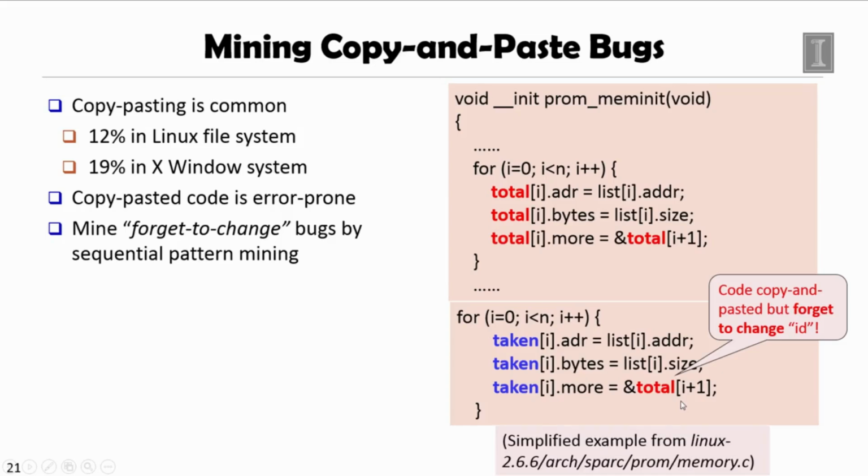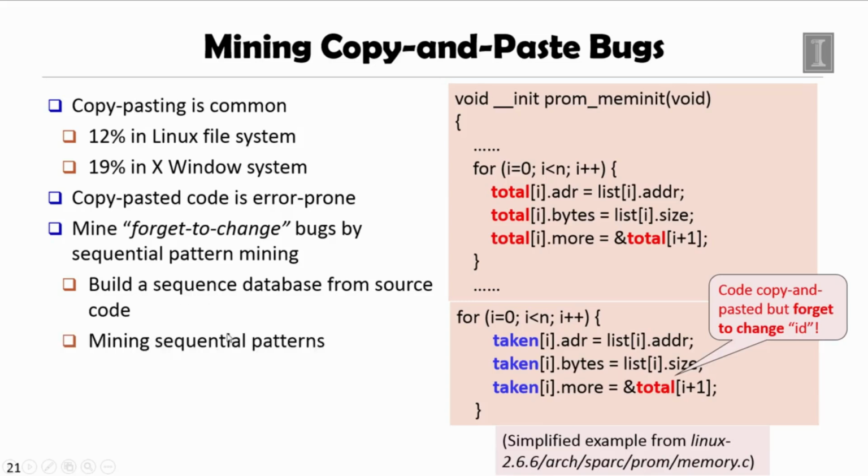But how can we find this kind of bug? Actually, this bug really happened in Linux 2.6.6. Then we will see how to automatically find such bugs. The general way to solve this problem, which will be detailed later, is to build a sequence database from the source code and mine sequential patterns.